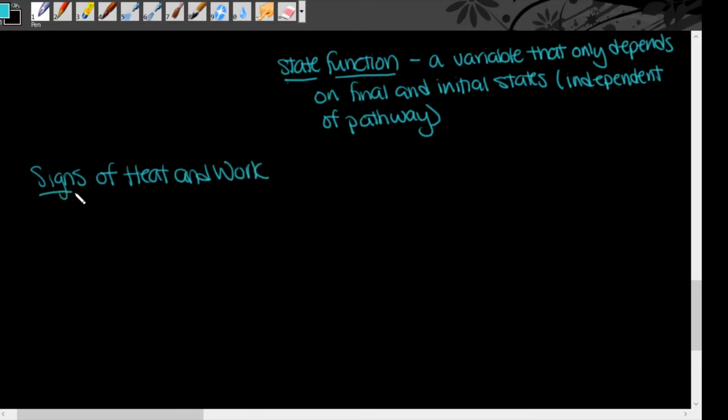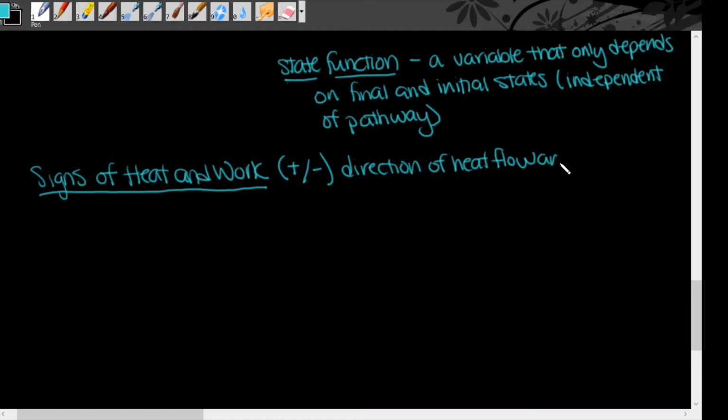And by signs, you guys, I mean positives and negatives. Like how do we talk about the direction of heat transfer and work being done? So I'm talking about positives versus negatives. Direction of heat flow and work done.